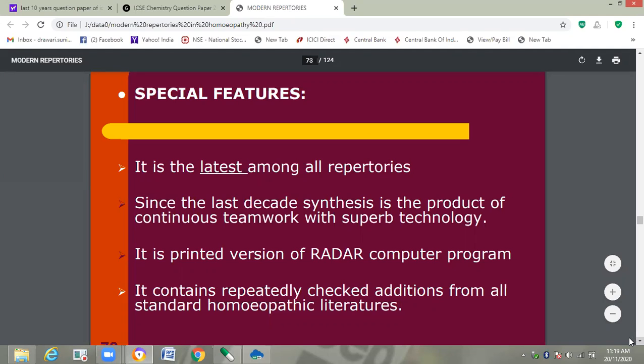Then Picric acid, written as PIC-AC, and in front of that, K star is written, meaning it was taken from Kent Tyler's repertory. So in this way, the sources are given in abbreviated form towards the end of each medicine.